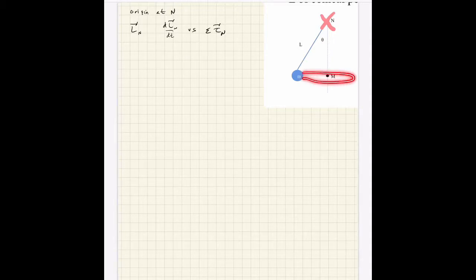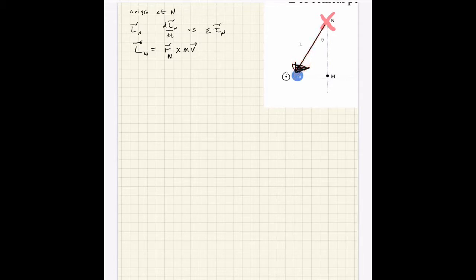Fortunately, this one moves in a circle. Okay. Right, so just don't want to forget that it's coming out of the board here. Okay, so one main difference between before is that now my R vector has changed, right? So when I write L sub n equals R cross mv, really the only thing that changes with my choice of origin is the R vector.